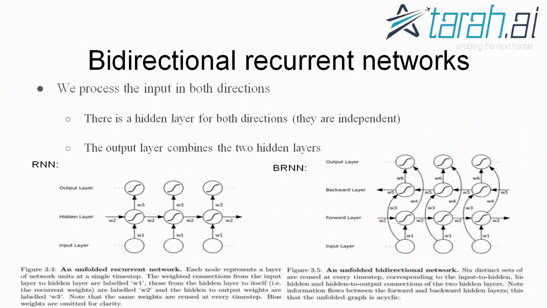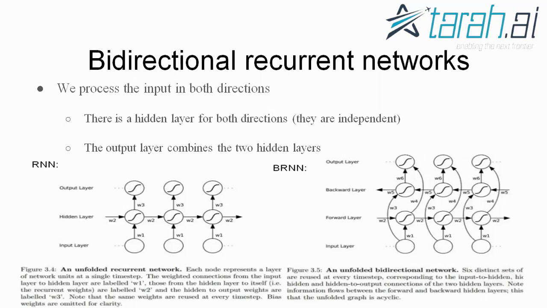But what bidirectional LSTM does is it is a way by which you talk about two hidden layers for both directions. So we take one layer for backward propagation and one layer for forward propagation.